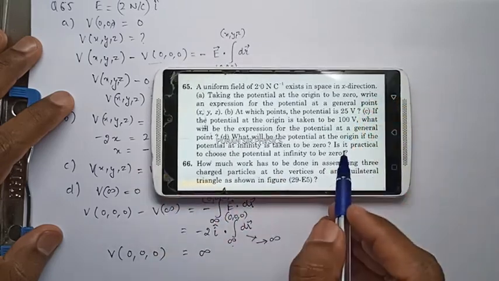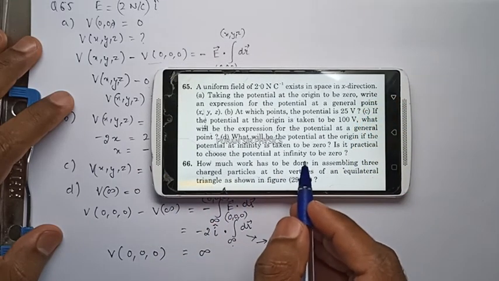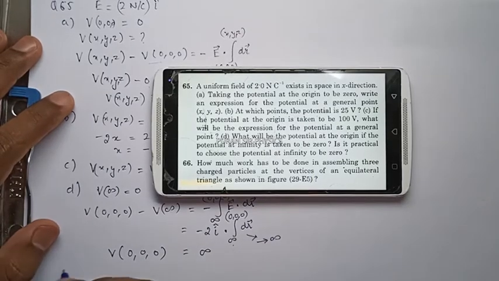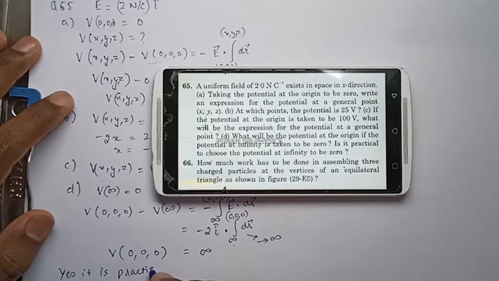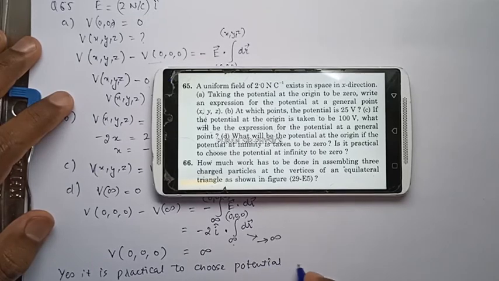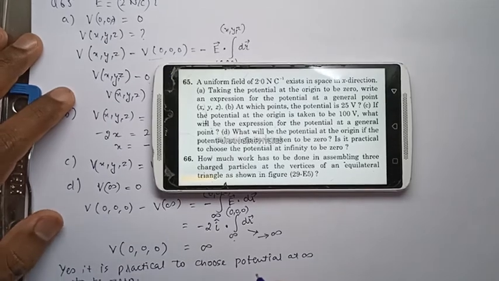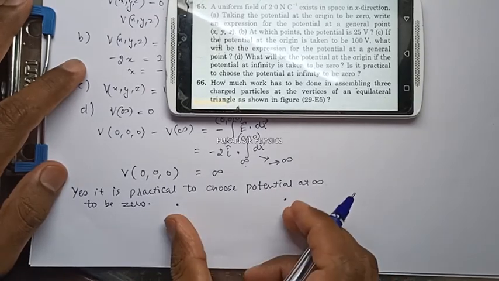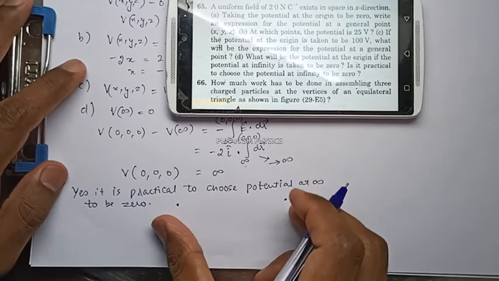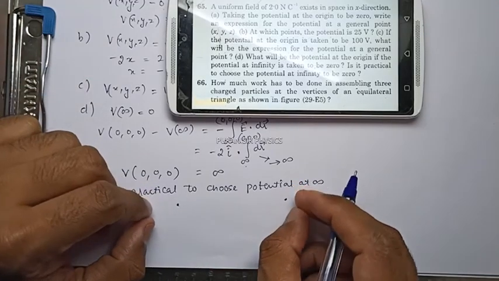Okay, so is it practical to choose the potential at infinity to be zero? Yes, it is practical to choose potential at infinity to be zero. Because when we have charges separated at infinite separation, in that case these two charges cannot interact.